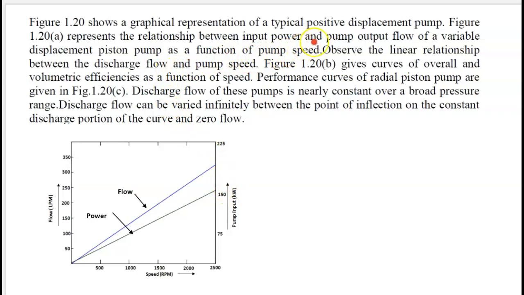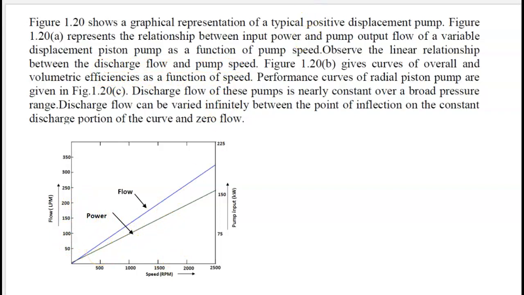Now, it represents the positive displacement pump, and it represents the relation between the input power and the output flow of a variable displacement pump as a function of the pump speed. If you see, the relationship is linear between the discharge flow and the pump speed.